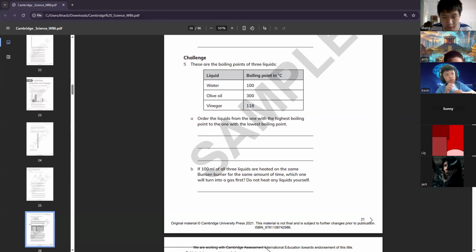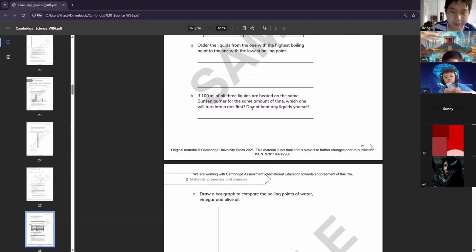Water 100 degrees, vinegar 118 degrees, and lastly, olive oil 300 degrees Celsius. All right. So yes, you start with olive oil as the highest boiling point, then vinegar, then water.